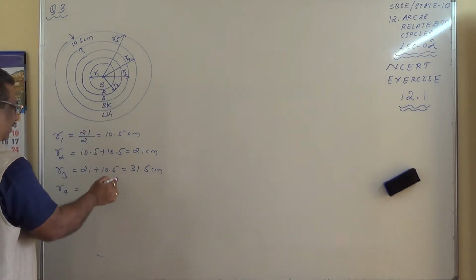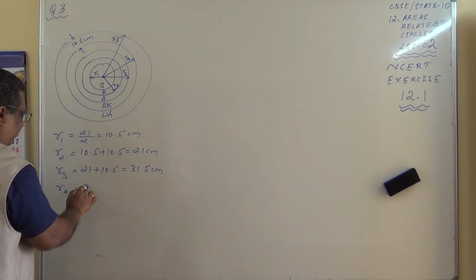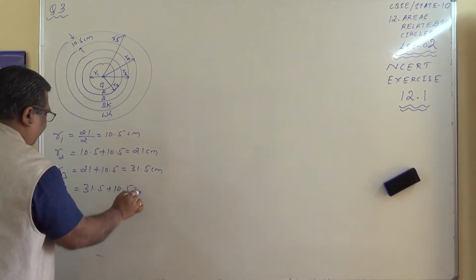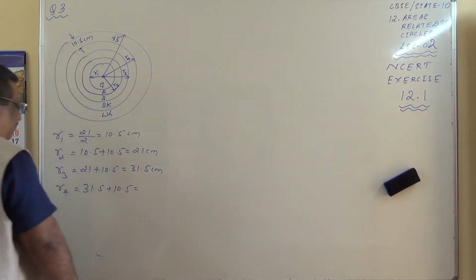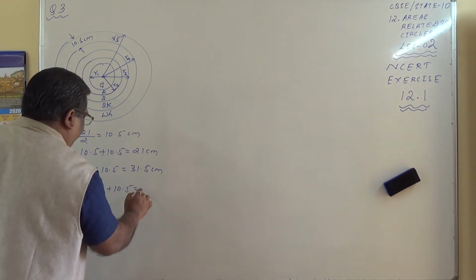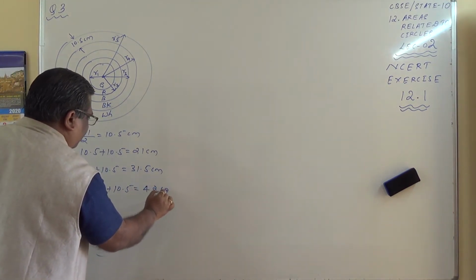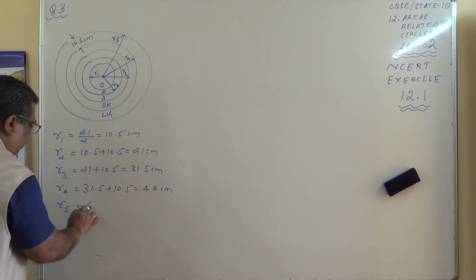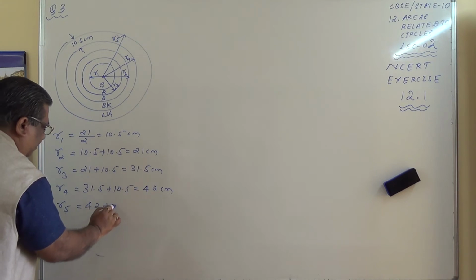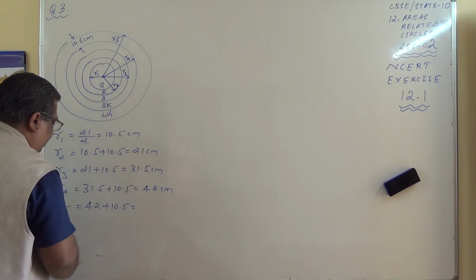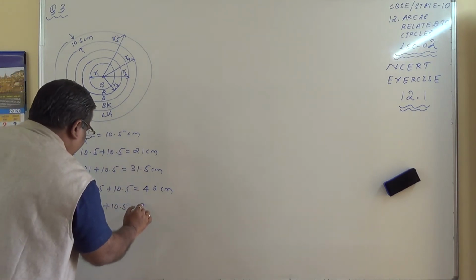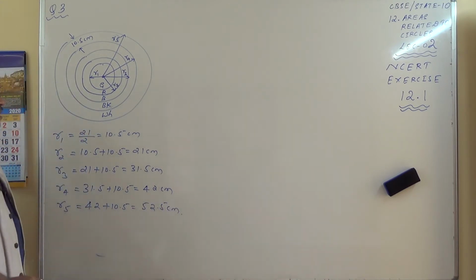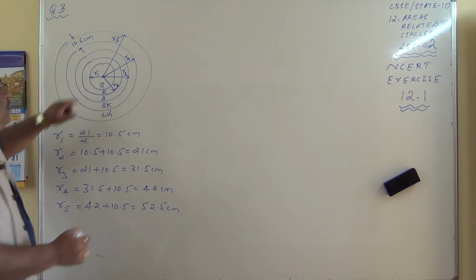R4 equals R3 plus 10.5, 31.5 plus 10.5, which is 42 centimeter. R5 is equal to 42 plus 10.5, which is 52.5 centimeter.